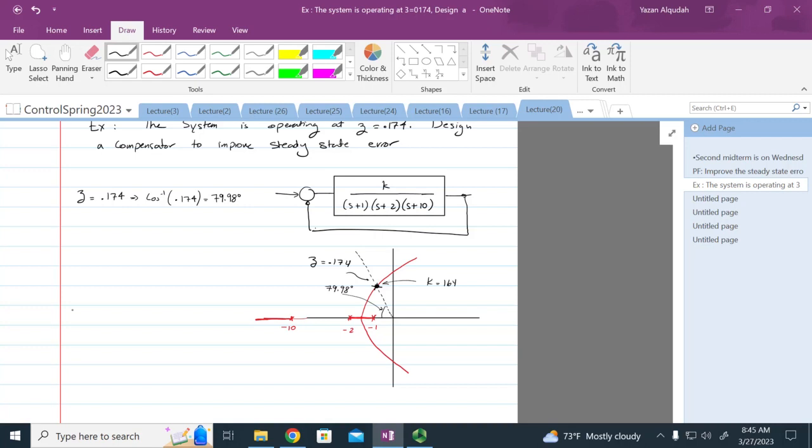Okay, so the question that we were asking: why is it 79? We measured the angle here, 79, from the negative axis. But with the root locus, we used to measure the angle from this way.